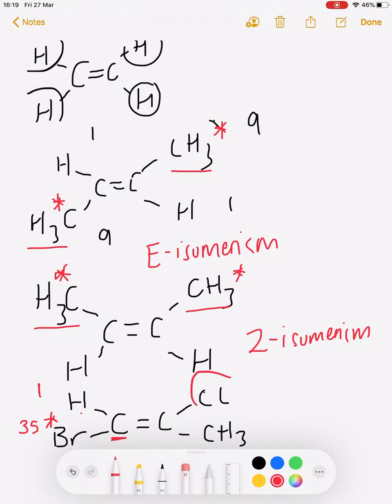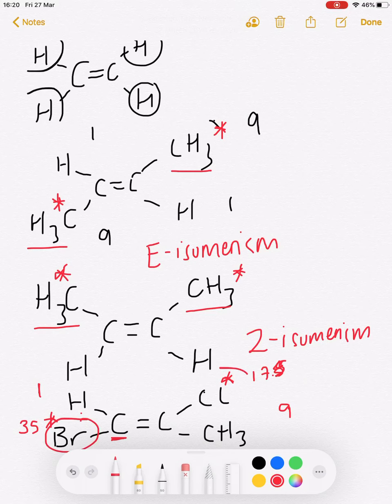Switch to the other side. We've got a Cl and a CH3. A Cl has an atomic number of 17, and CH3 has an atomic number of 9. As a result, the Cl becomes the higher priority because it's got a higher atomic number.